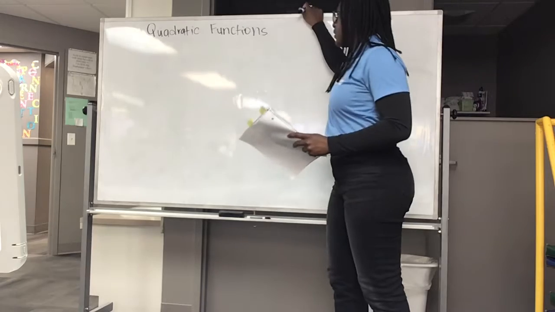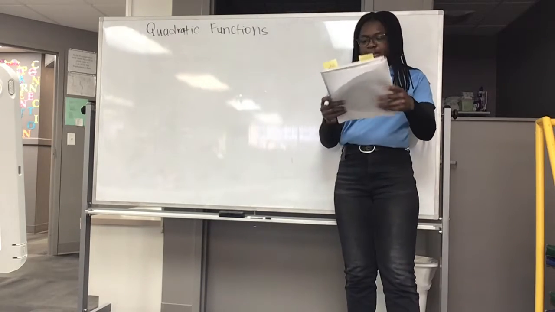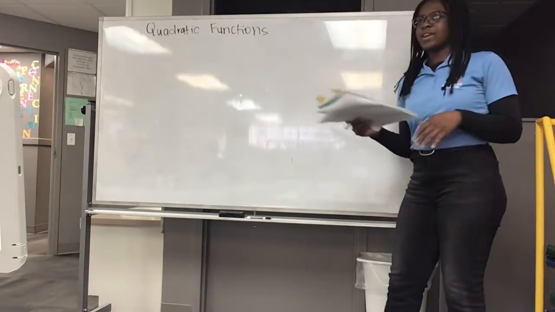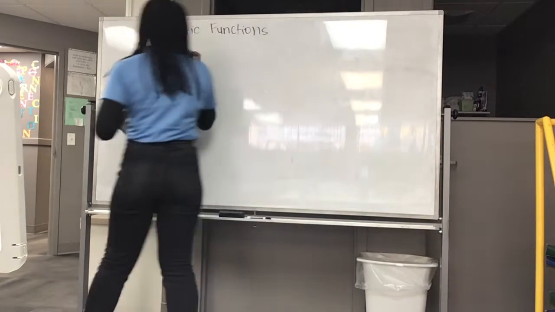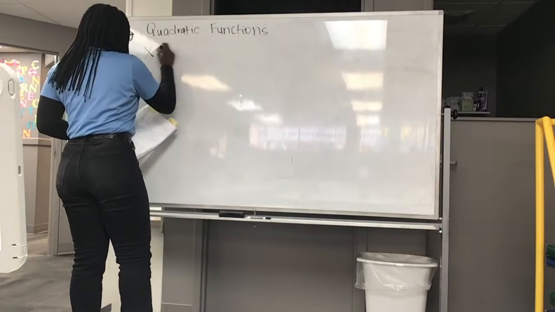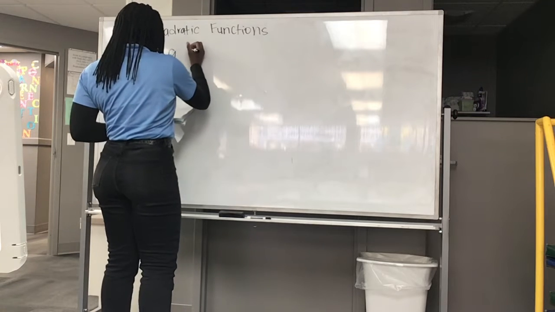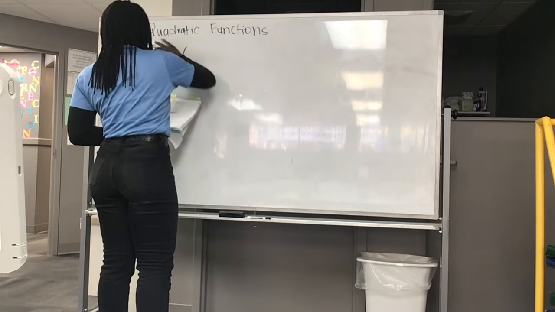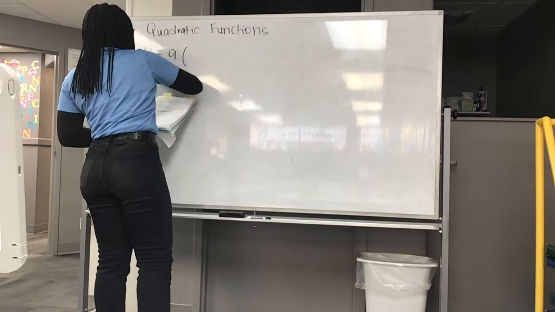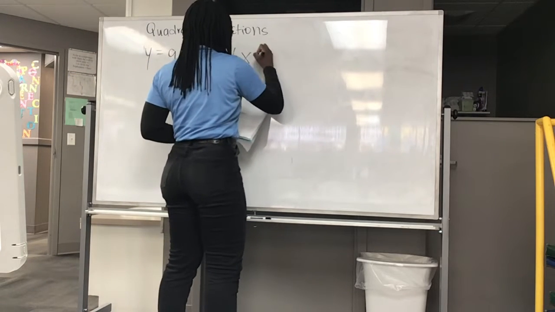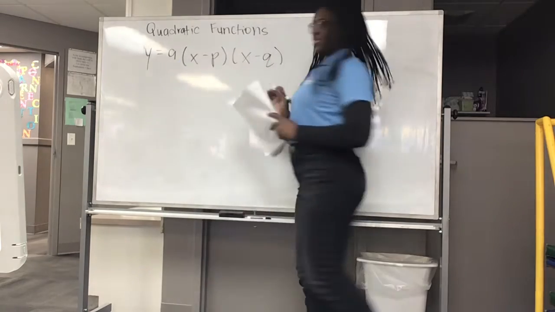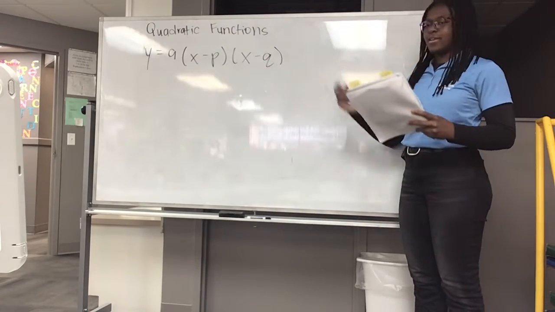Okay, so when we're solving quadratic functions by factoring, we want our equation to get in a form to look like this. So this is the form we want it to look like.